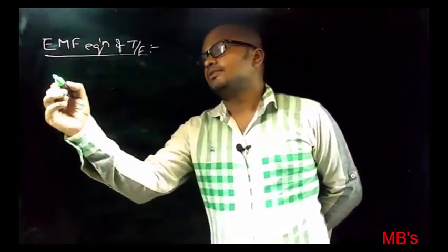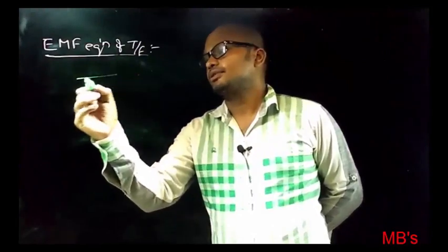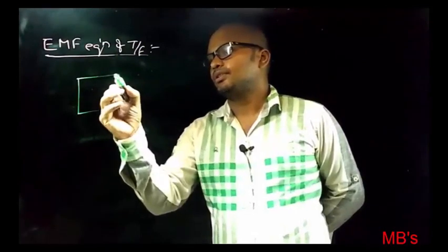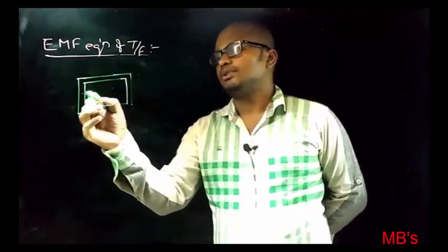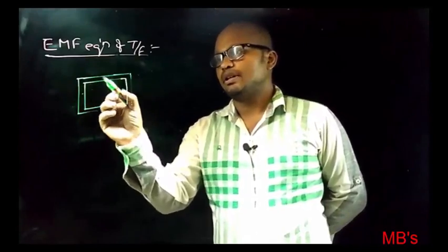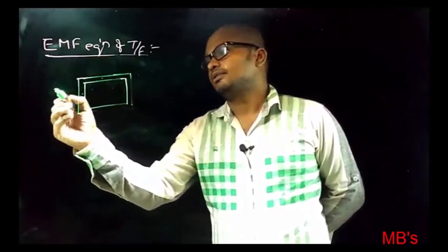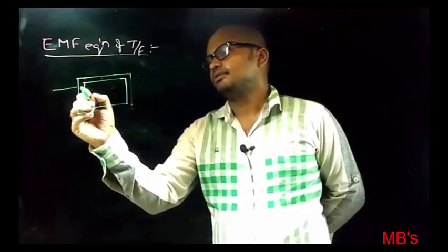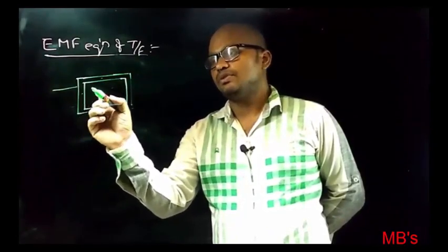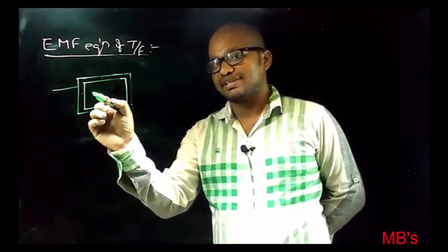For that, suppose this is the transformer core, and these two represent the transformer limbs, and these two represent the transformer yoke, and let this be the primary winding which is to be wound on the limb of this transformer.